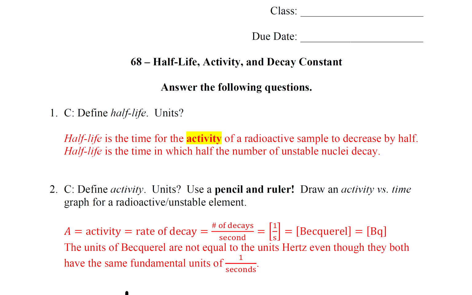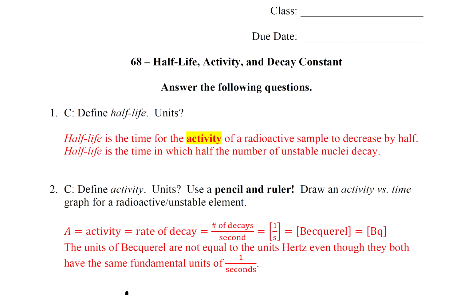Question 13. Describe and define the variables in the radioactive decay law equation. N equals N sub 0 e to the minus lambda t. So N as a function of t is the number of radioactive nuclei remaining. N sub 0 is the initial number of radioactive nuclei.